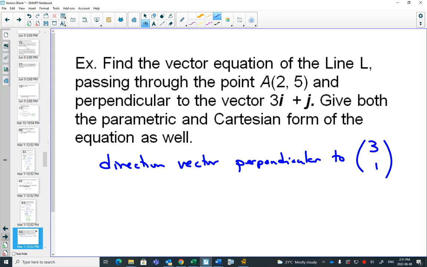What are some things we know about perpendicular vectors so far? Something's equal to 0. What is equal to 0? Cross product equal to 0 means they're parallel. The dot product equals 0 means that they're, remember?